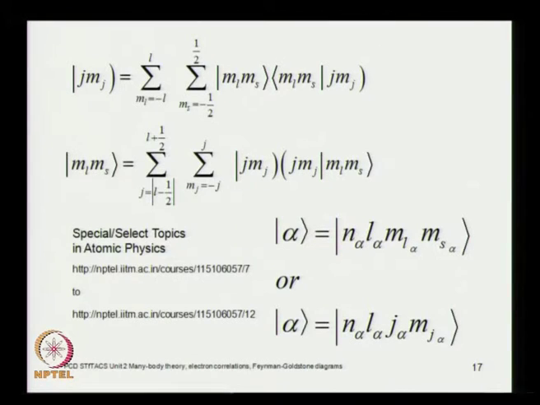So, now you can of course write the single particle quantum numbers either as n, l, m_l, m_s, or as n, l, j, m_j, and you can write one in terms of the other by simply carrying out this rotation of the base vectors in the coupled angular momentum space.